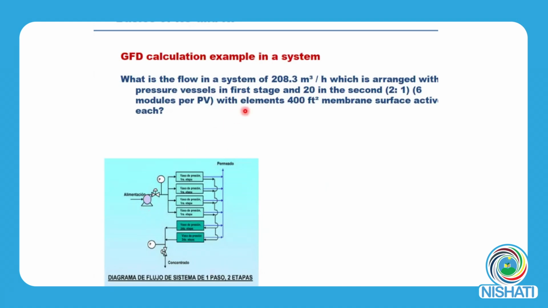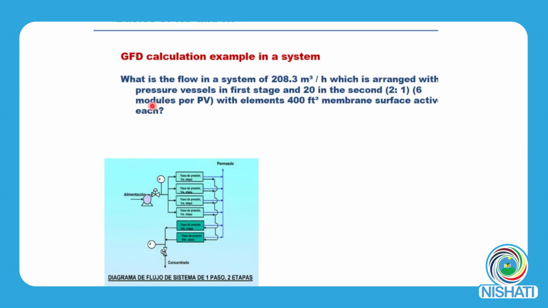So, for instance, for one desalination system like this, I'm not going to enter into explaining everything, but this is important. Here you have an example. You have a system that is treating 208 cubic meters per hour. In the first stage, we have 40 pressure vessels.